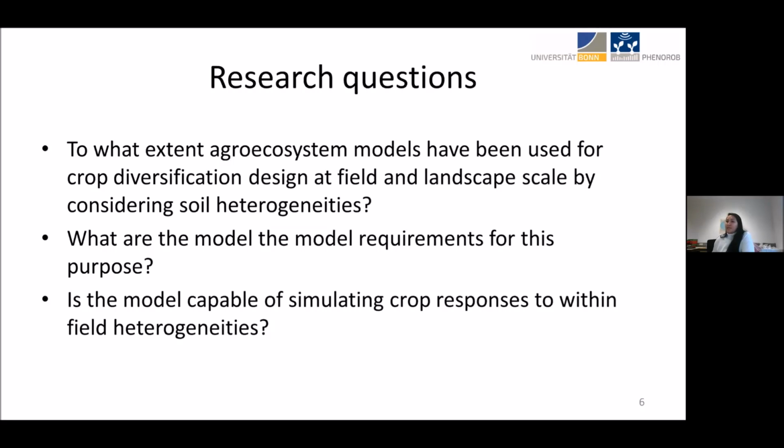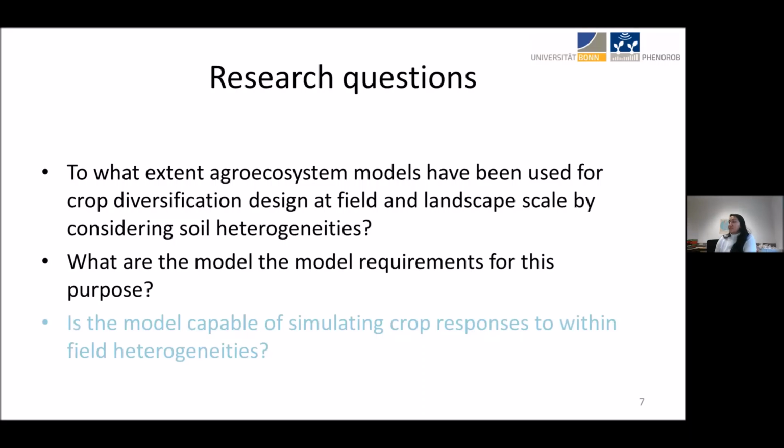Also, we would like to know what the model requirements are for this purpose. And as a third question, in which I'm going to show you some of the data that we have collected so far, whether the model is capable of simulating crop responses to within-field heterogeneities.